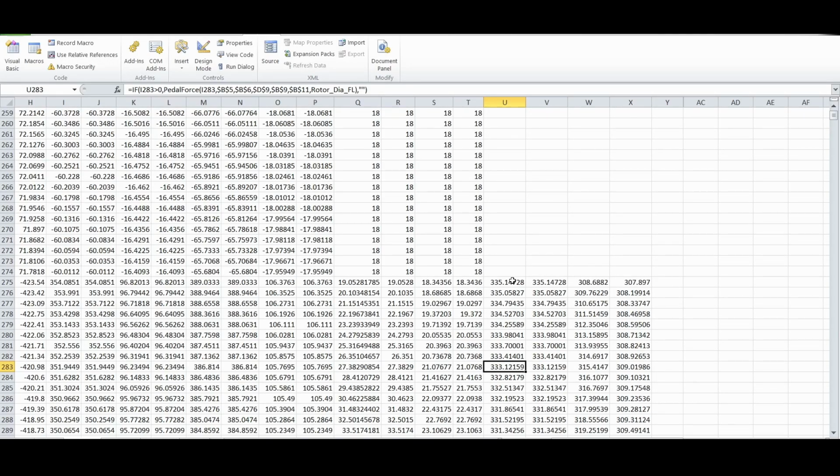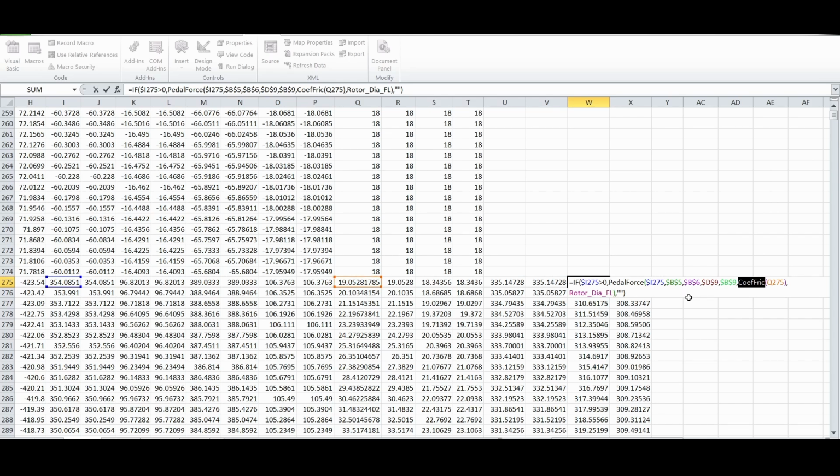So I took that formula and I just did an if the rotor torque is greater than 0, then use that pedal force function that I created. So I did 4 different ones, front and rear, but I used the coefficient of friction where it's just constant, and then I did another column using that coefficient of friction function that I made that's based off of the temperature.